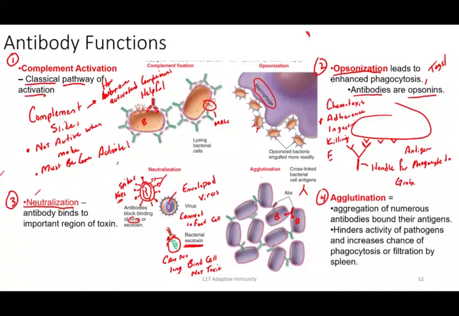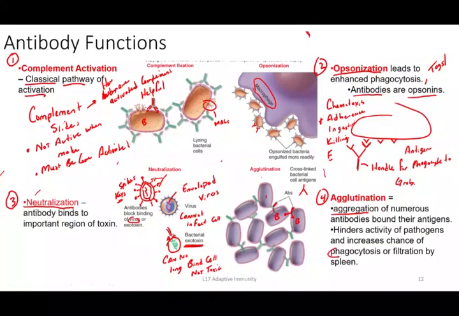And then another antibody is linking this cell to this cell. And so you're getting this aggregation. And so that does several things. These bacteria are basically stuck here. They can't necessarily invade. So if they are trying to spread throughout their body, they're stuck here. So that's called agglutination.